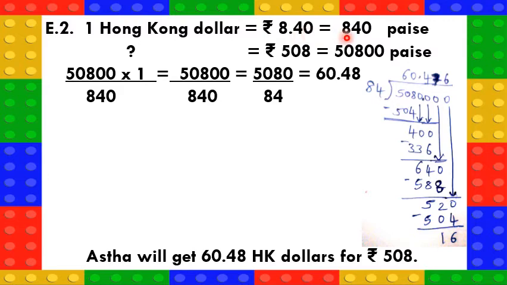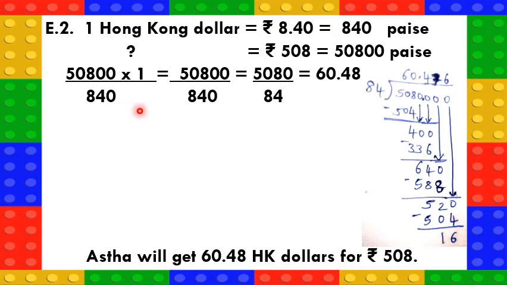That is 840 paise. Then how much Hong Kong dollars is rupees 508? That is 50,800 paise. Cross multiply 50,800 and 1 and then divide it by 840.